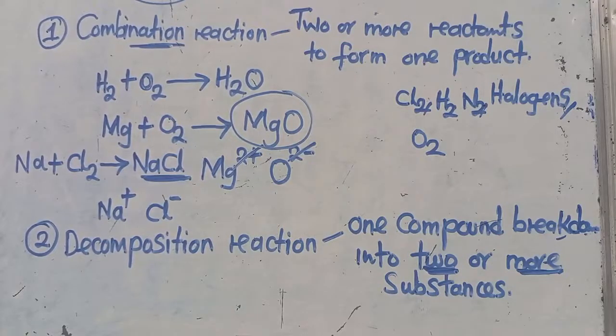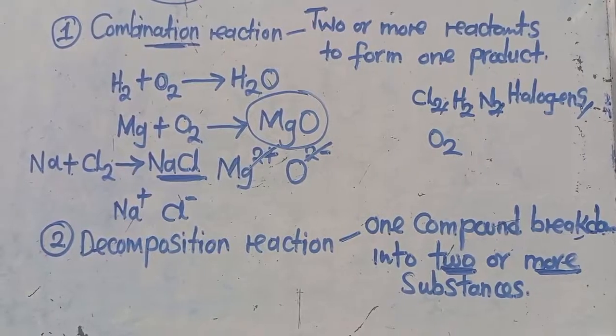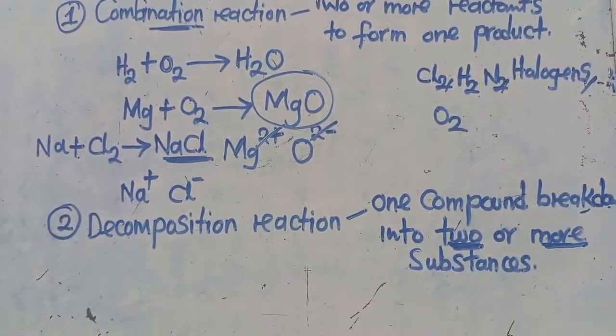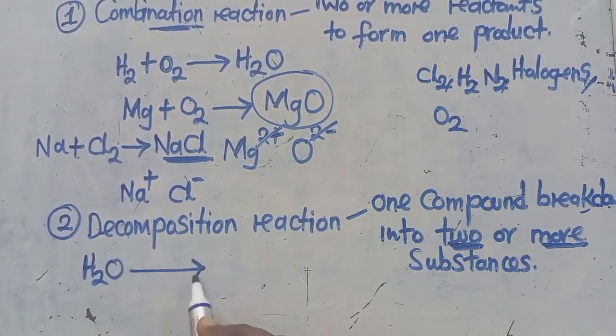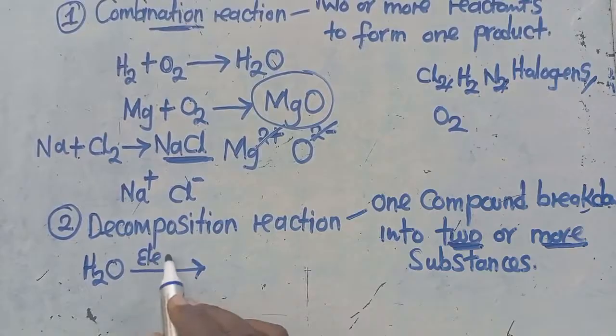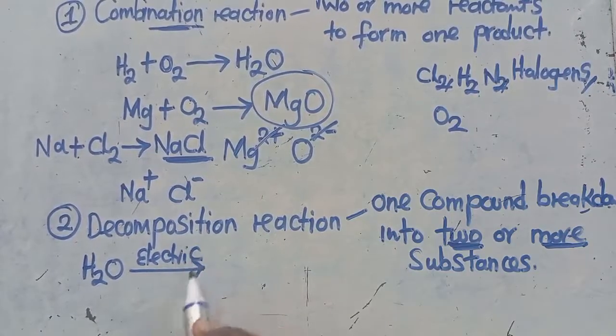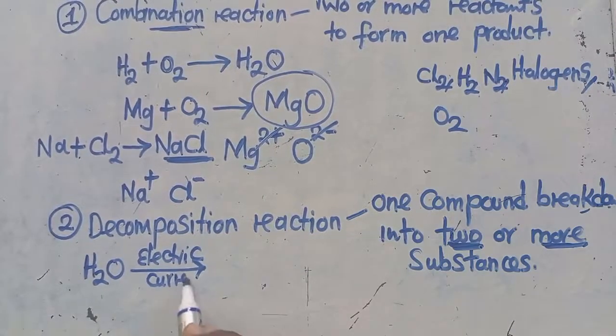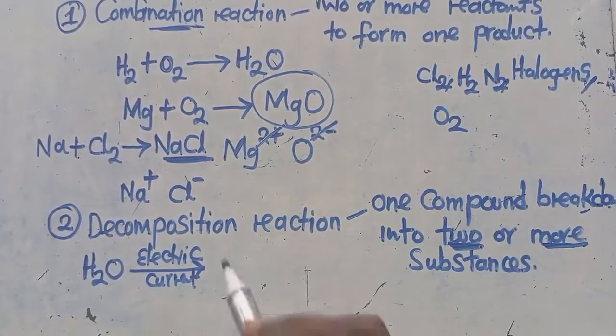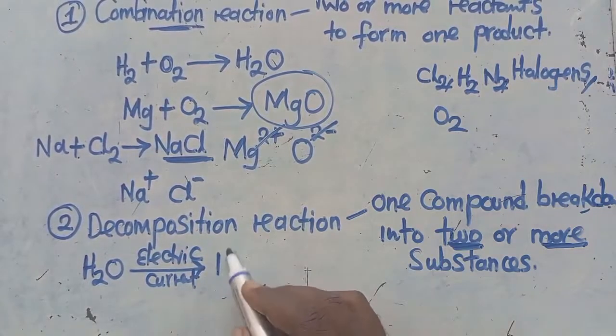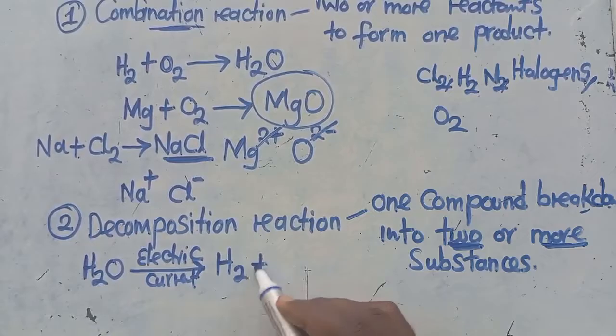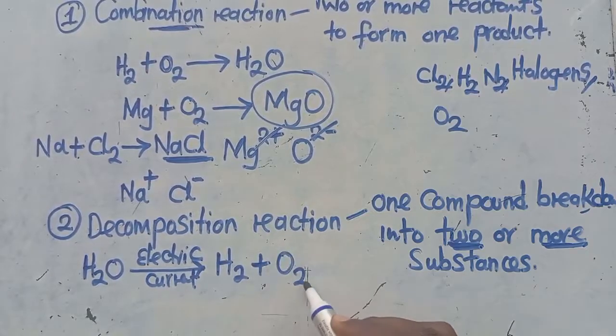A good example that we can consider is water. Whenever we've got water, when water passes through electric current, what we are going to have this side is hydrogen, which will stand alone, plus oxygen, like this.